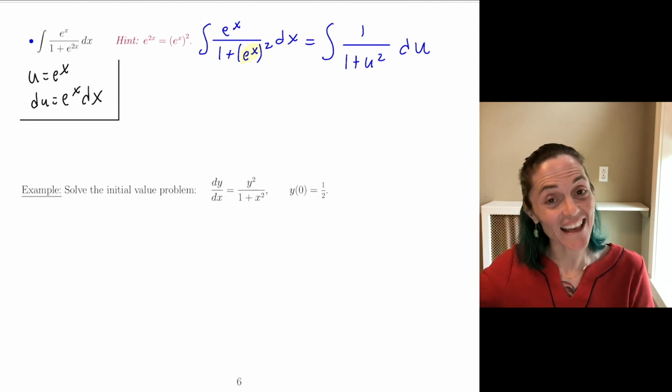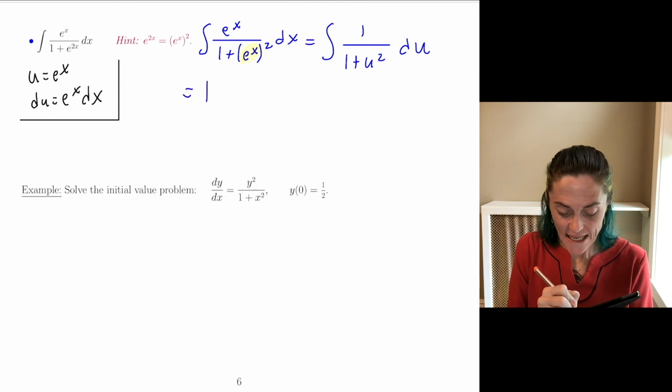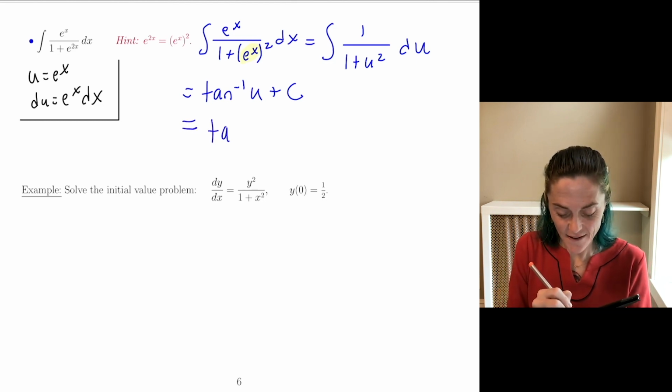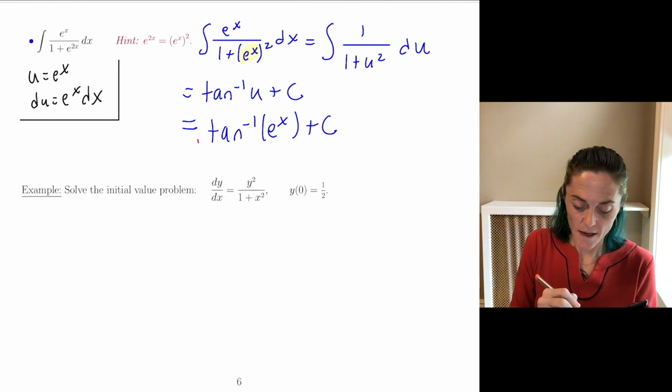This is tan inverse of u plus c. Final step, go back to x. Tan inverse of e to the x plus c. This is a fun one.